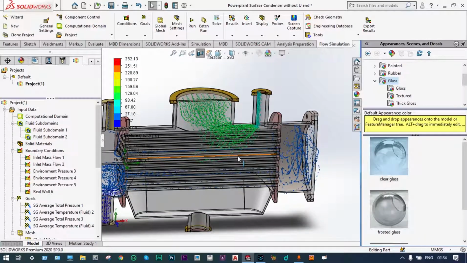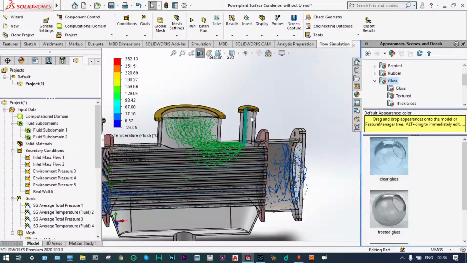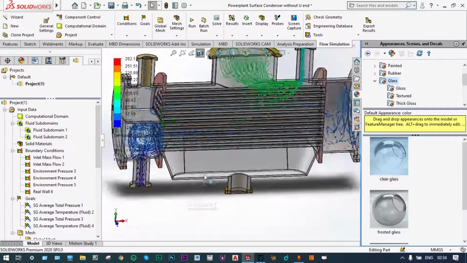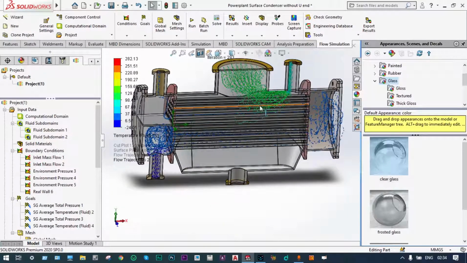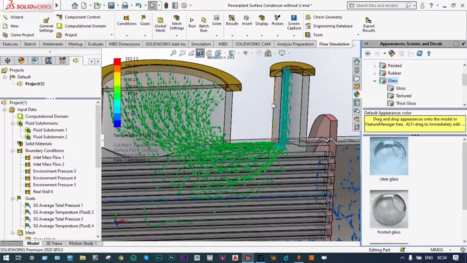So from this design it is clearly visible that vacuum should be provided at the bottom position, not at this location. So this is a faulty design, I think. Vacuum could be provided at this location to have a better flow of these steam particles, right?